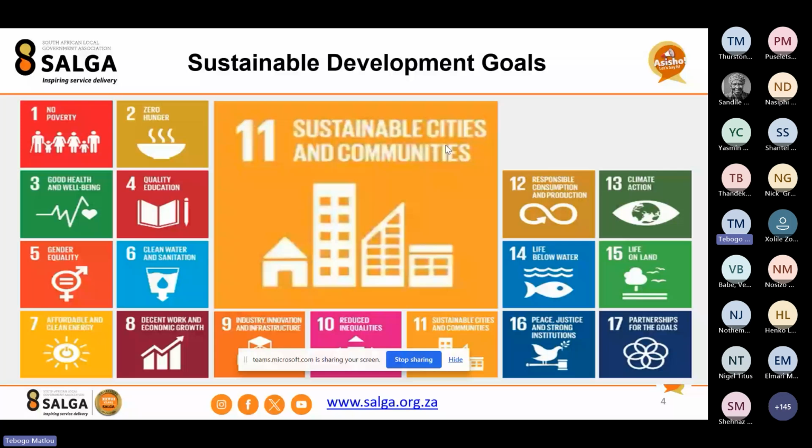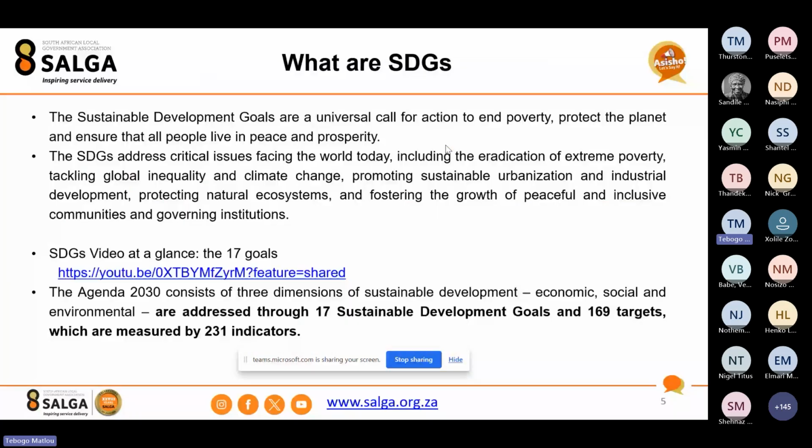So what are SDGs? I'm not gonna touch on this. No exams, no test, but it's all about addressing critical issues of the world today. Poverty is one of them, tackling global inequality, climate change, and urbanization, because it's very key to ensure that we are protecting our natural ecosystem.